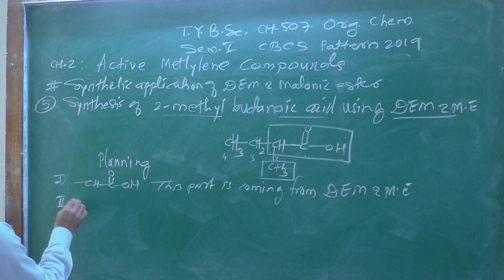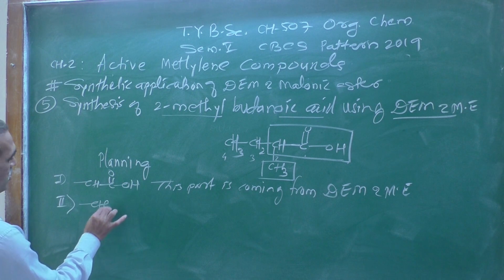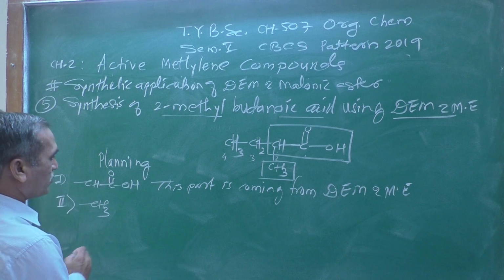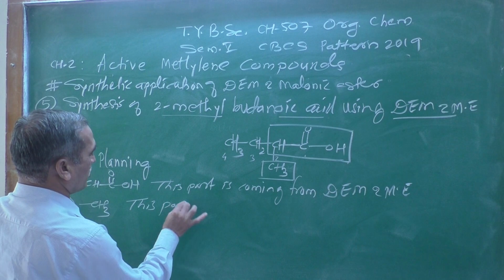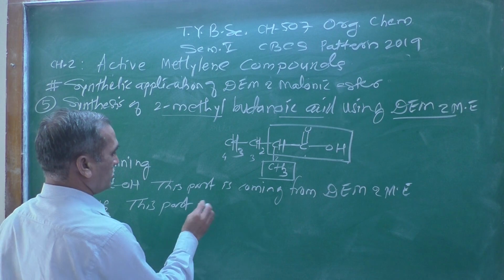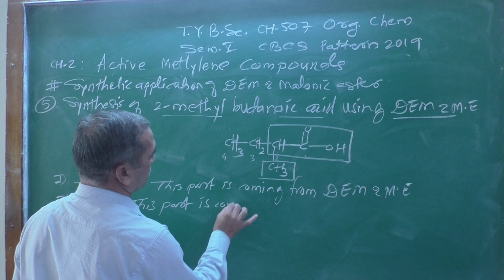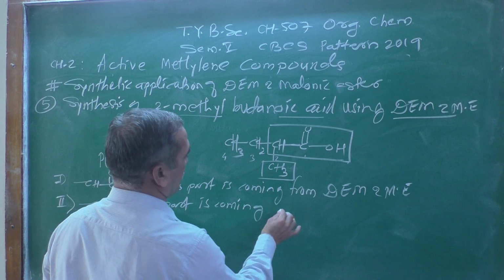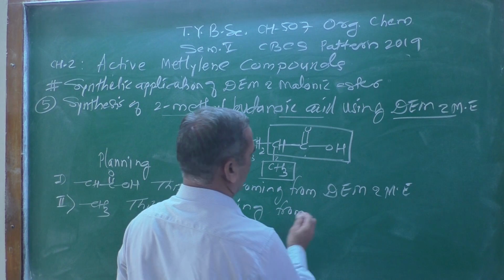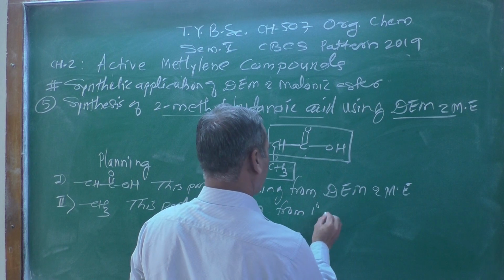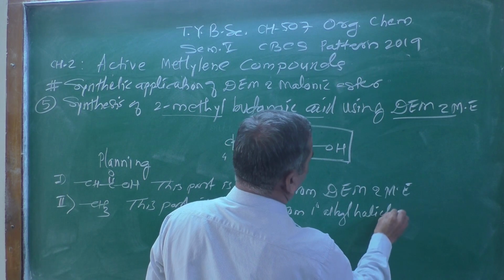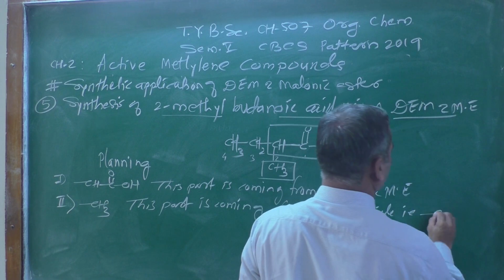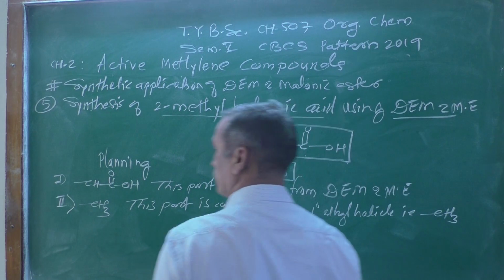This CH3 group, the methyl group, this part of the organic molecule is coming from a primary alkyl halide, that is this one, CH3, right?